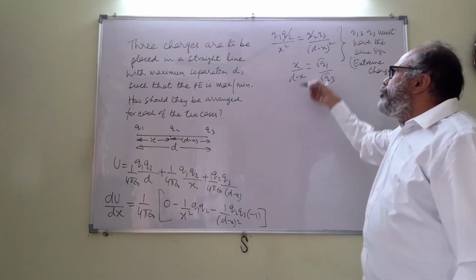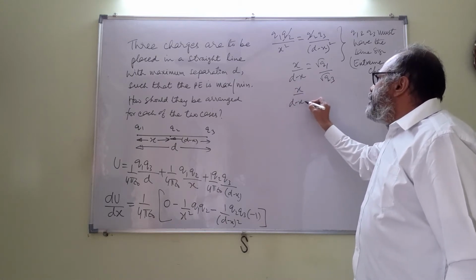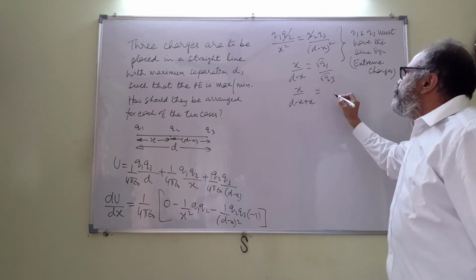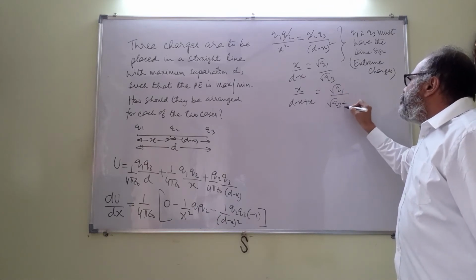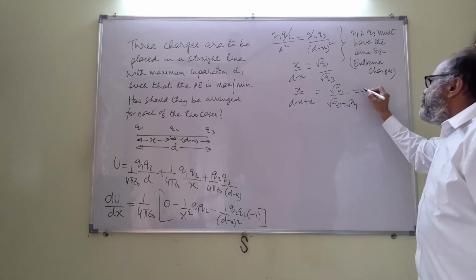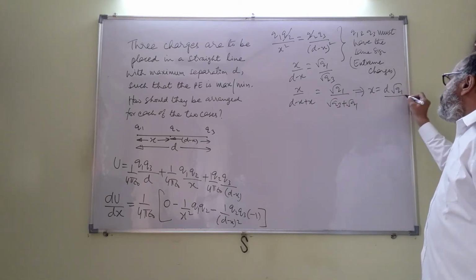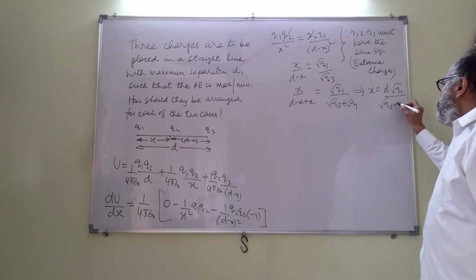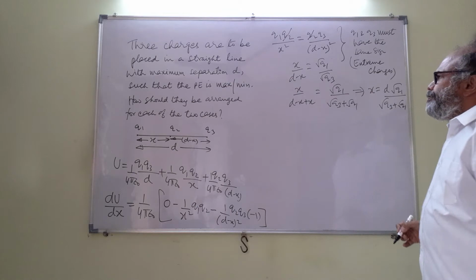Doing componendo dividendo, you will get x by d minus x plus x is equal to root Q1 by root Q3 plus root Q1. That gives us x is equal to d into root Q1 by root Q3 plus root Q1. That is x.